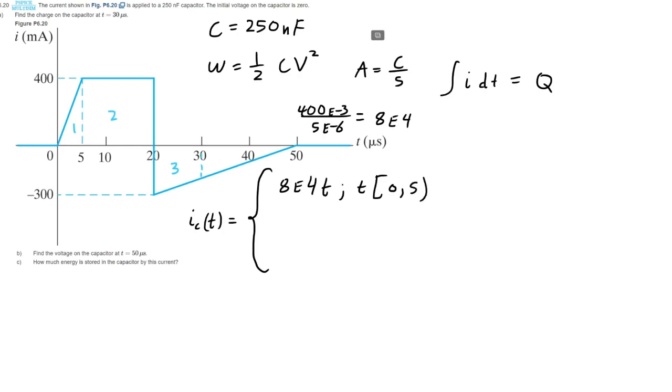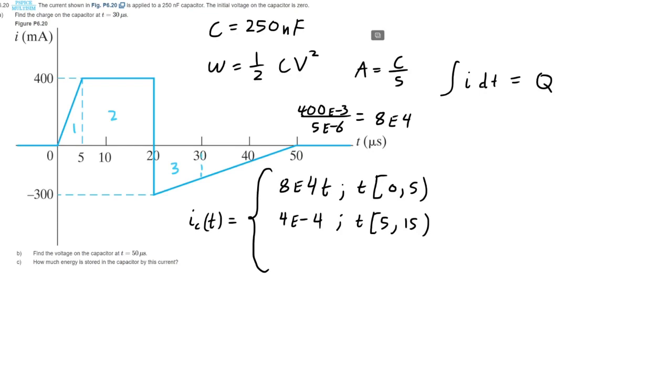And then the second one is constant. This is going to be 0.4 milliamps for time 5 to 15. And this last one, we're going to have to do something.